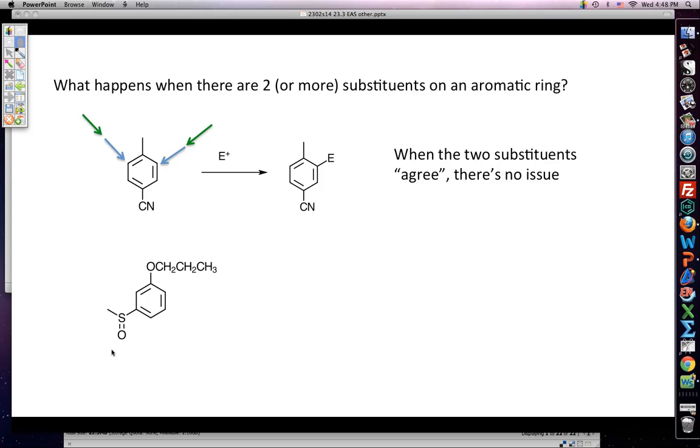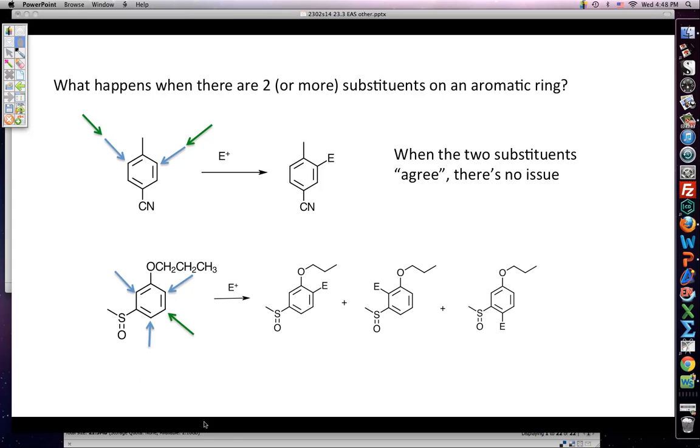Okay, what about this example? Now I have an electron donating group. That's telling me ortho/para. I have an electron withdrawing group telling me meta. Ooh. So what should I expect?